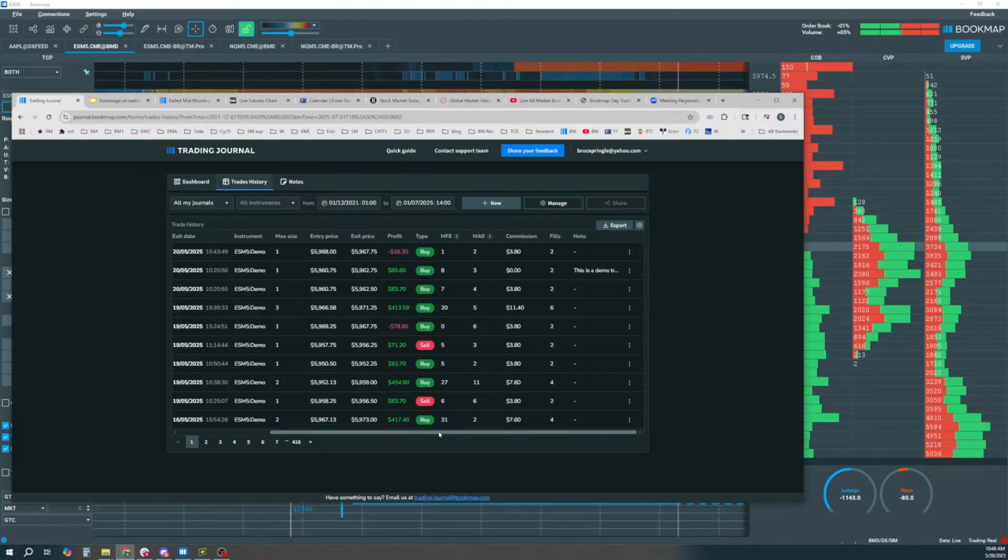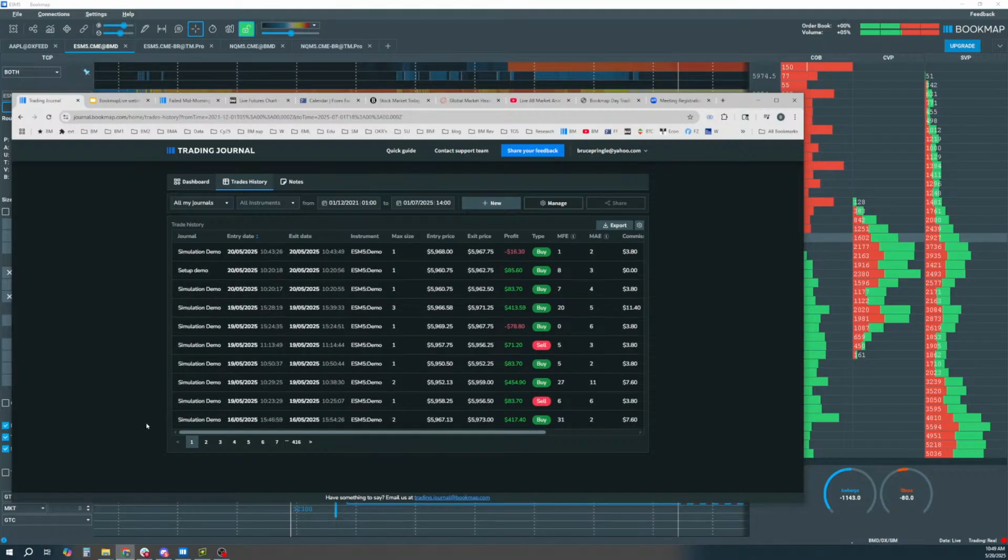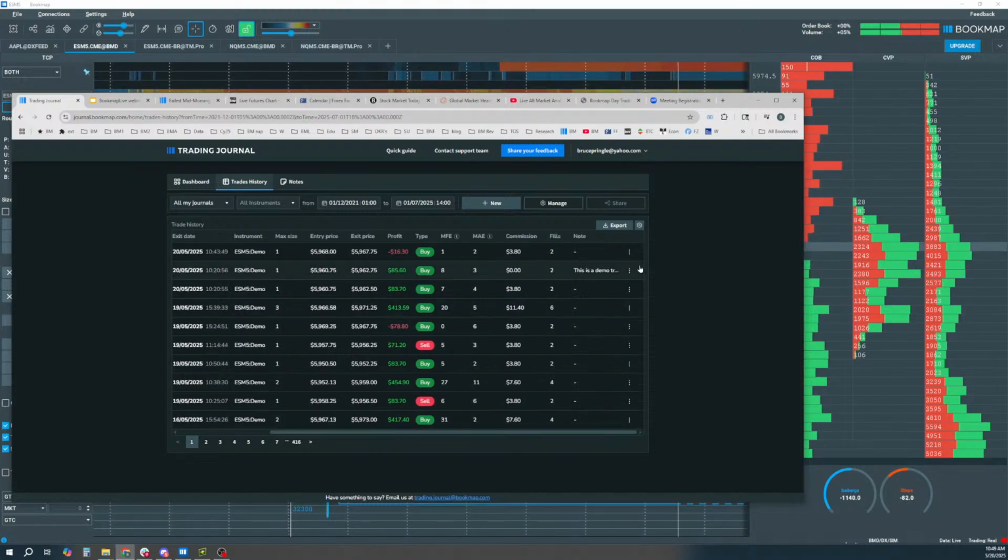I've got it in two different journals, my simulation demo and my demos setup. From that one, I click on it and I can delete the trade, or I can move it to another journal if you want.